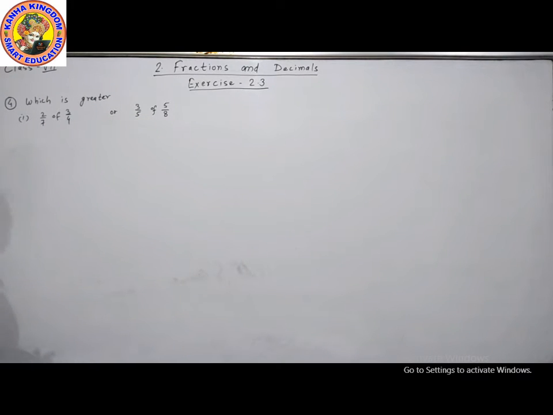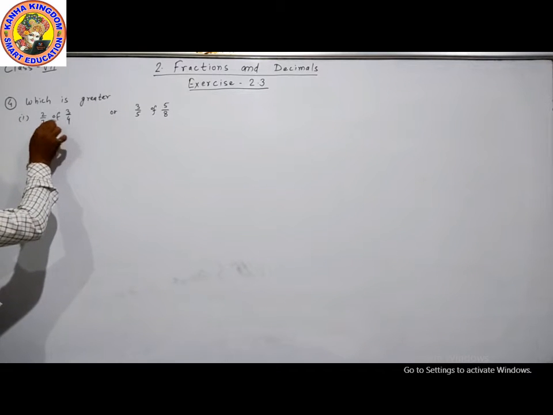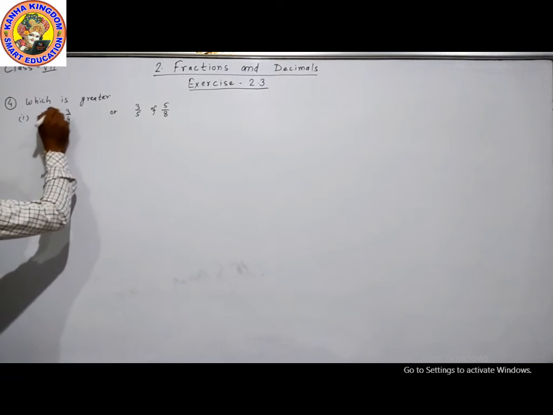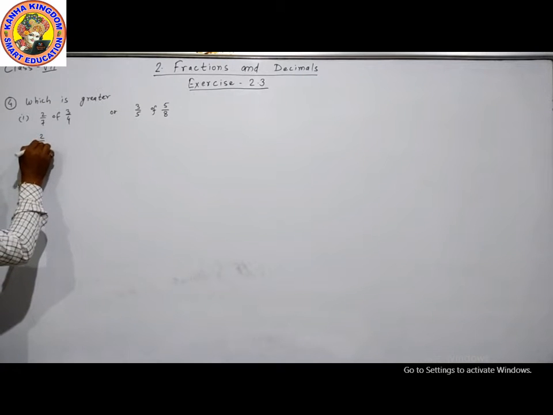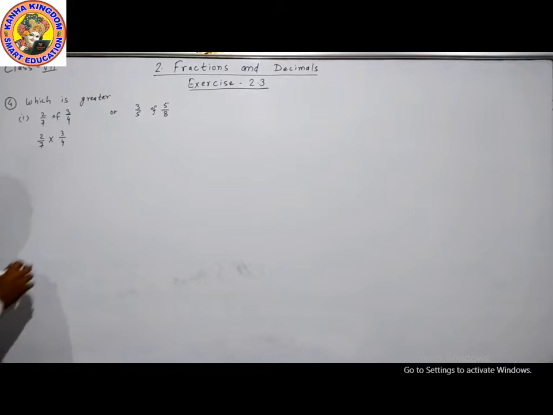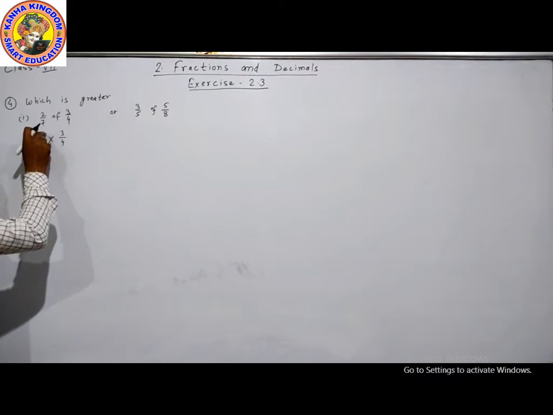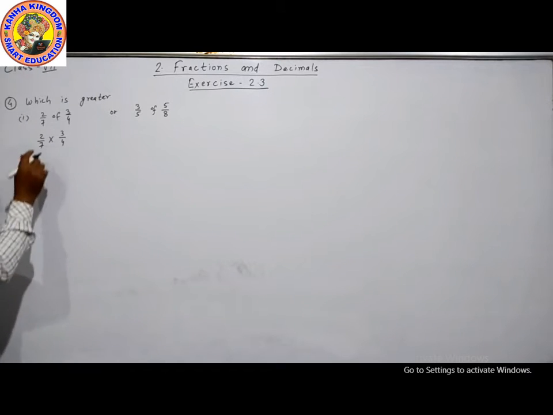First of all, we will find a complete fraction number. There are 2 parts in the question. So first of all, the "of" will change to multiplication. In multiplication, numerator and denominator will multiply separately.